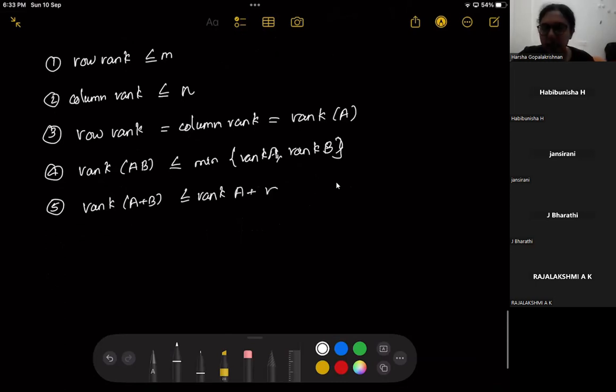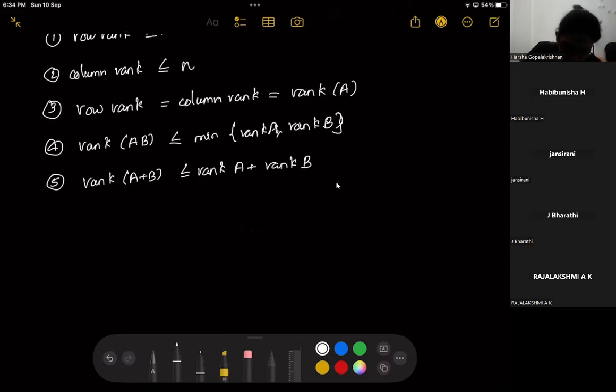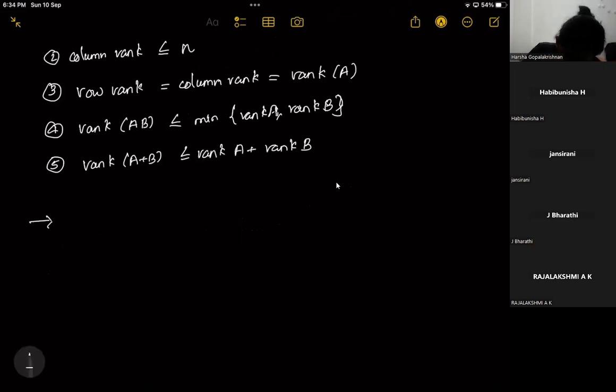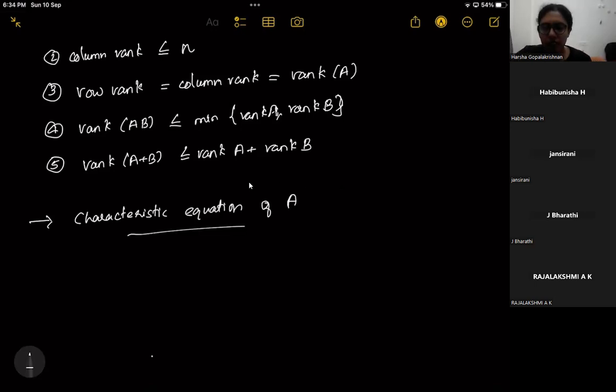Now, in the last lecture of last week, what we studied was the characteristic polynomial and the characteristic equation. Do you remember what the characteristic equation of A is?